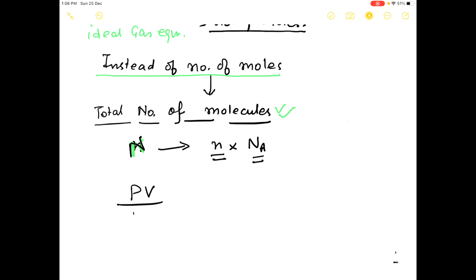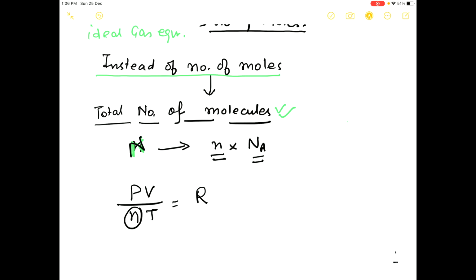So what we do, PV divided by nT is equal to gas constant.